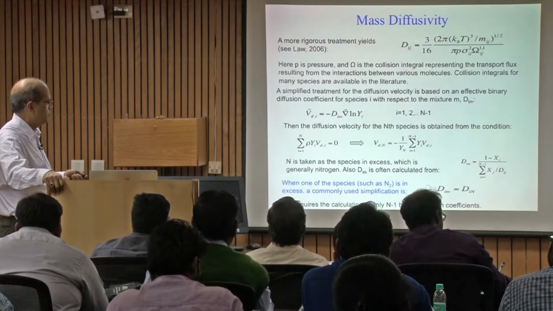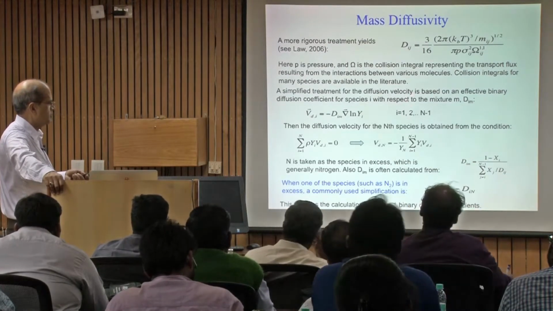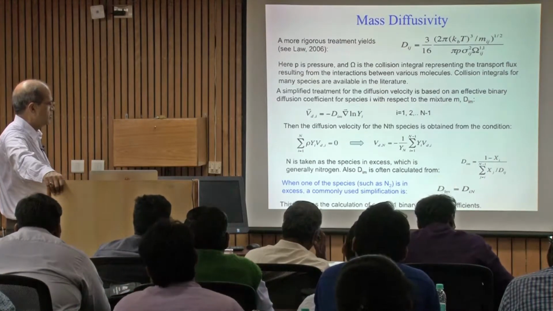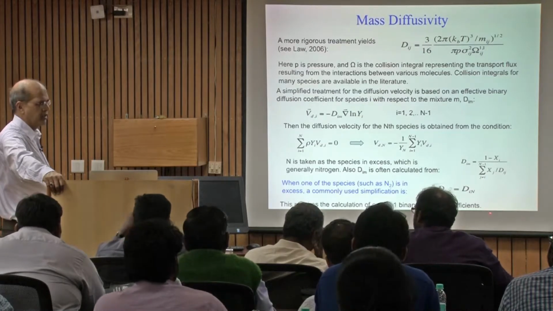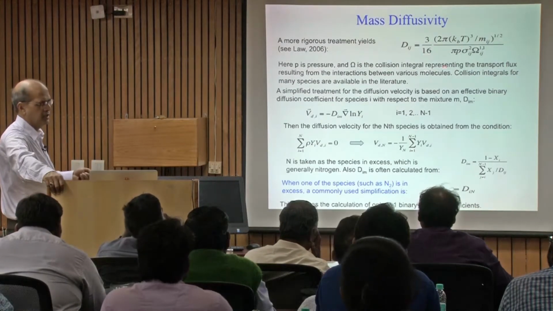We do a lot of these 2D flames, laminar flames, sometimes turbulent flames. So for molecular diffusivity, we use Din, and then we use an equation like this to calculate Din.